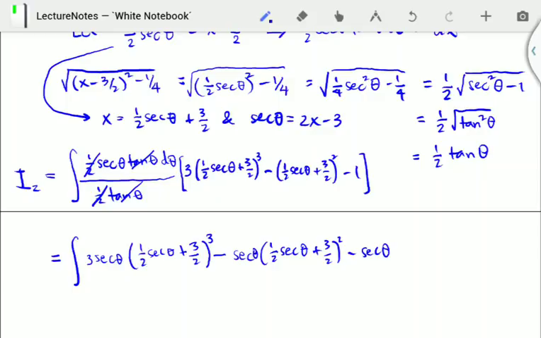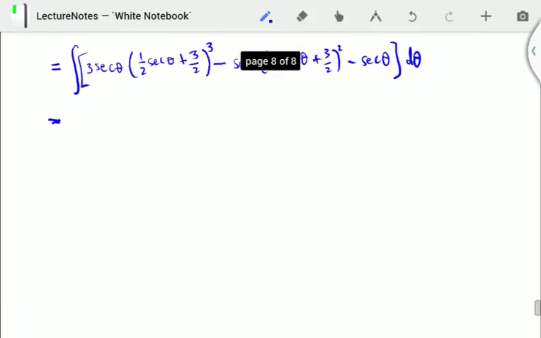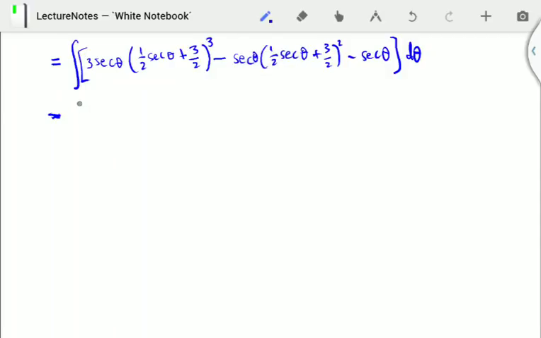Of course, all of them multiplied by d theta. Let us simplify further. Let's evaluate the cube and distribute all these secants right here. So this will give you now 3 secant theta.